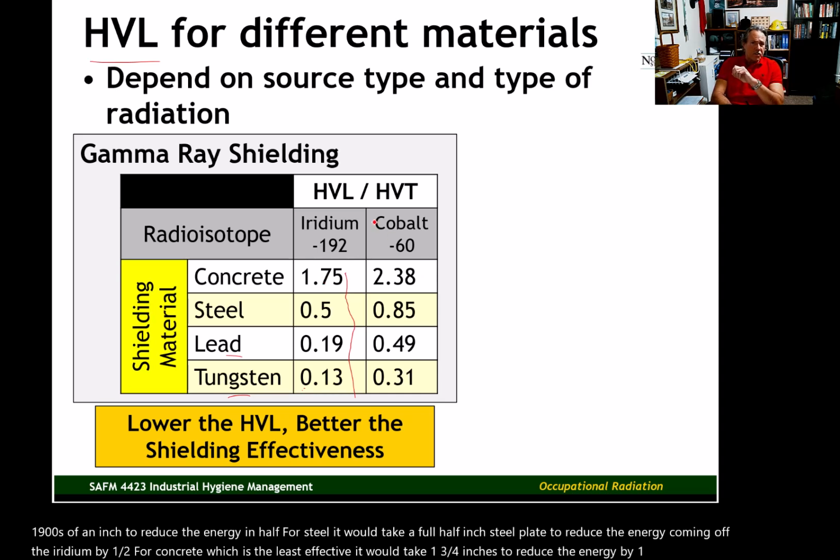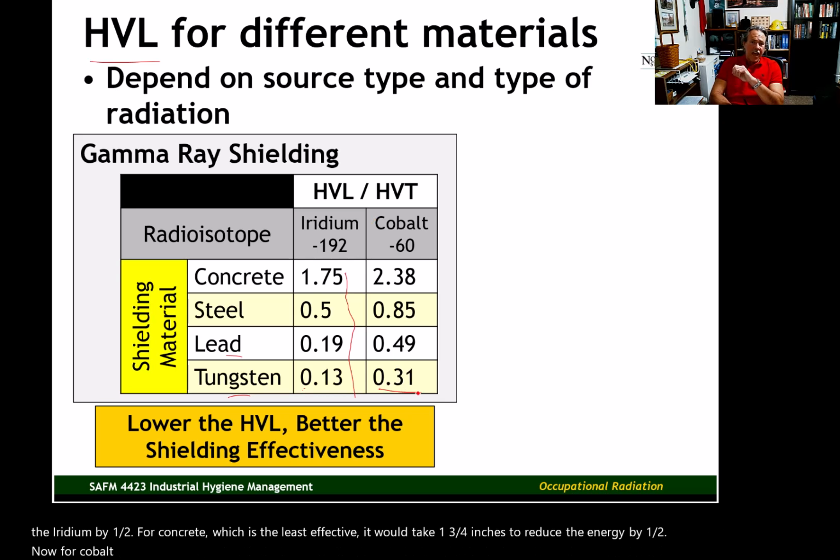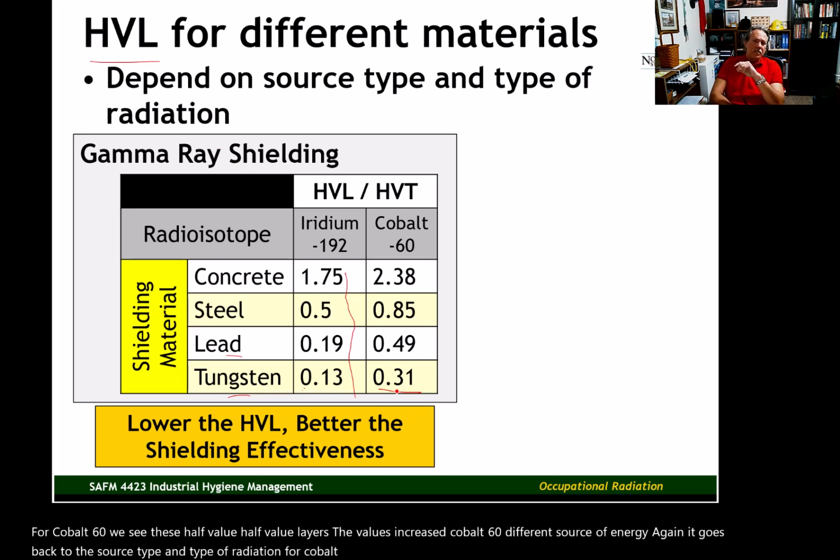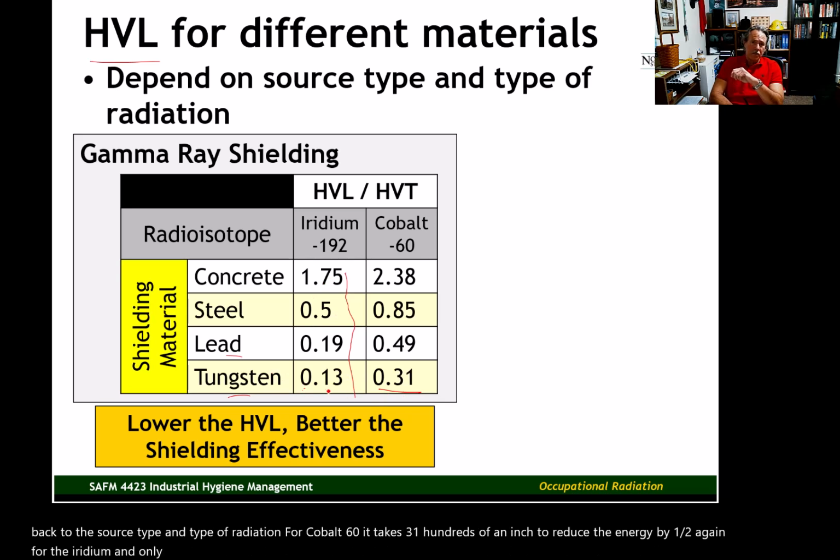Now for cobalt-60, we see these half-value layer values increased. Cobalt-60 is a different source of energy. Again, it goes back to the source type and type of radiation. For cobalt-60, it takes 31/100ths of an inch of tungsten to reduce the energy by 1/2. For the iridium, it only took 13/100ths of an inch.